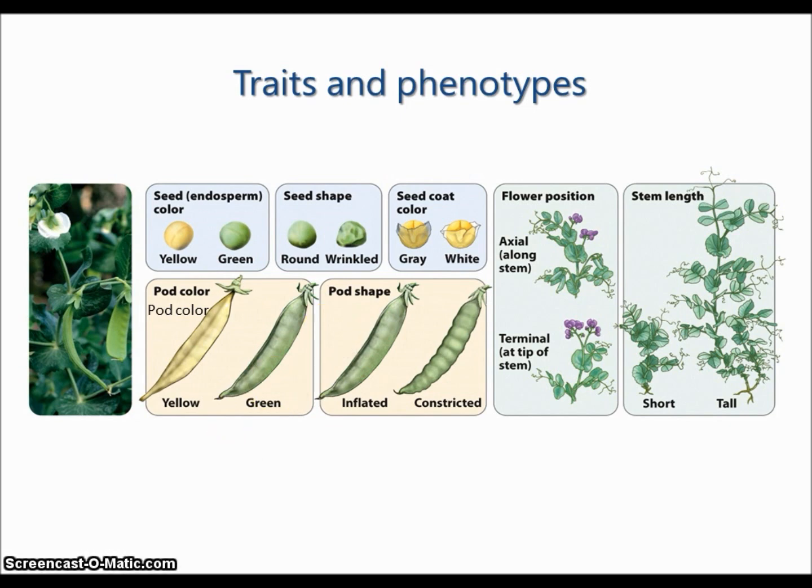Those are all traits or characteristics. Phenotypes are variations along those traits or characteristics. So for example, yellow or green color seeds, that's a phenotype. The seed color itself is the trait. So if hair color is your trait, your phenotype could be brown, blonde, red, dirty blonde, whatever.